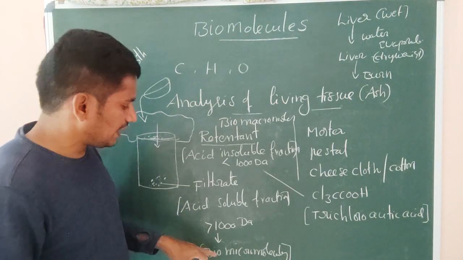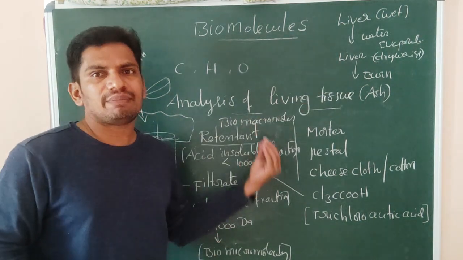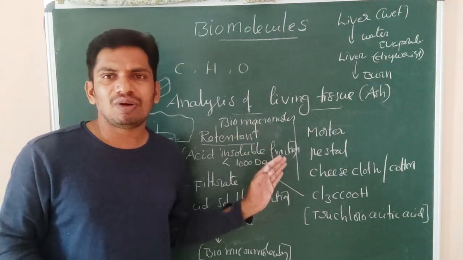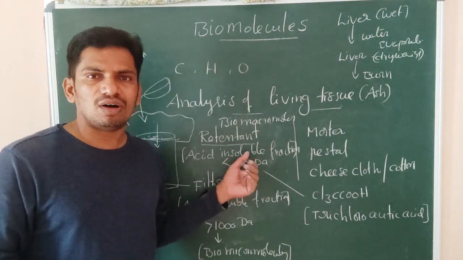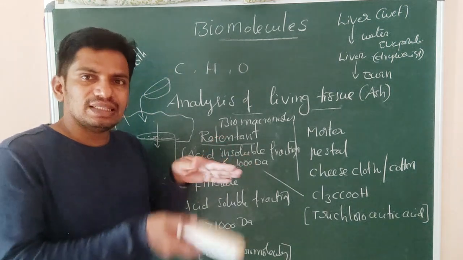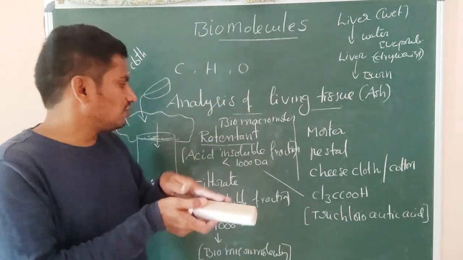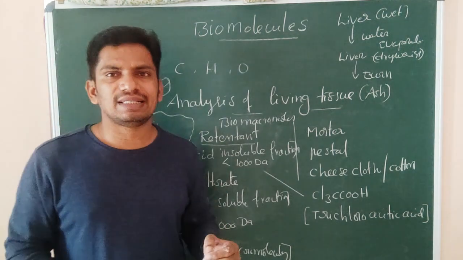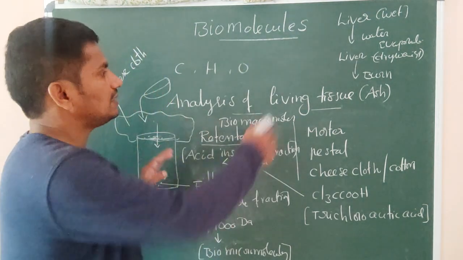But what we are getting otherwise is carbon, hydrogen, oxygen molecules, proteins, amino acids, lipids and nucleic acids. These we filter into the two components, the retentate and the filtrate. This is the difference between these two.